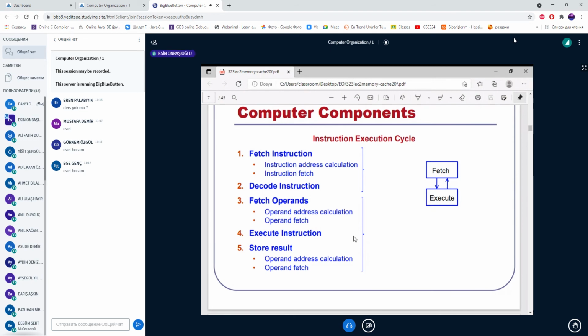Therefore, memory access time is very dominant in the instruction execution time. The arithmetic logic units today are designed in very fast units, but memory access speeds are not too fast.